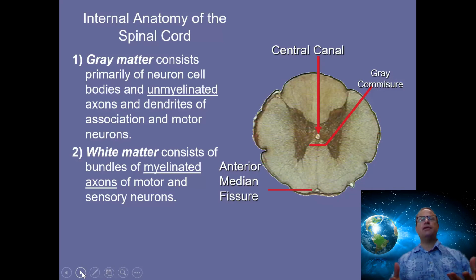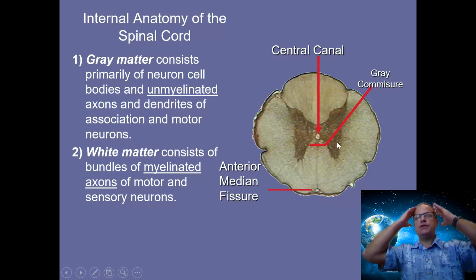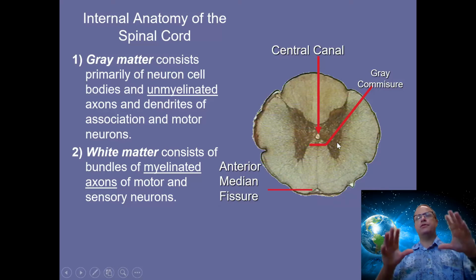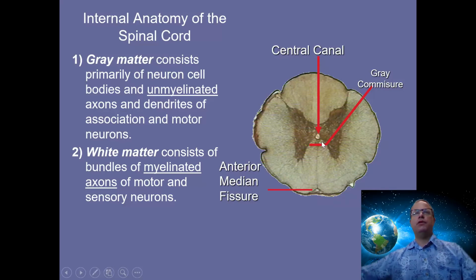It's on the inside in what we call the horns. And so the gray matter is here in what we call the posterior or dorsal horns, or anterior or ventral horns, and sometimes there's a lateral horn, which we don't see here. But big picture is gray matter is where we have cell bodies and synapses and junctions between different neurons.